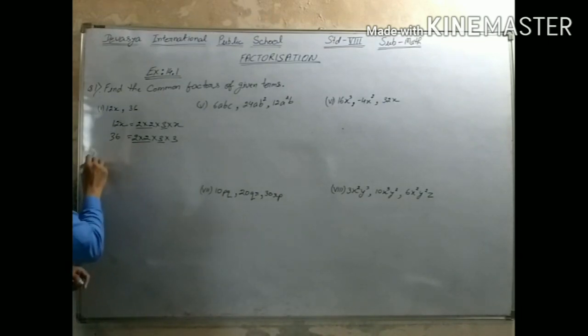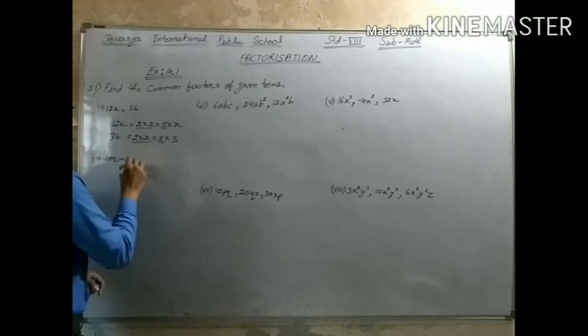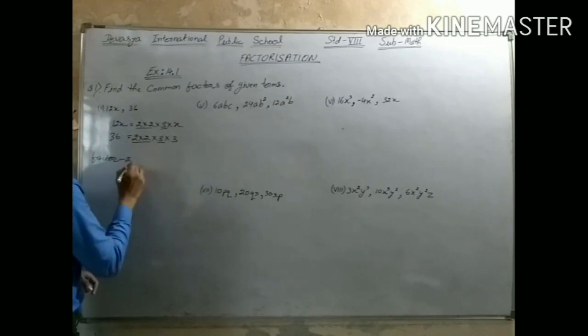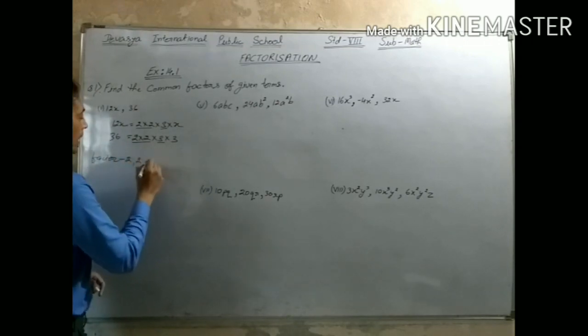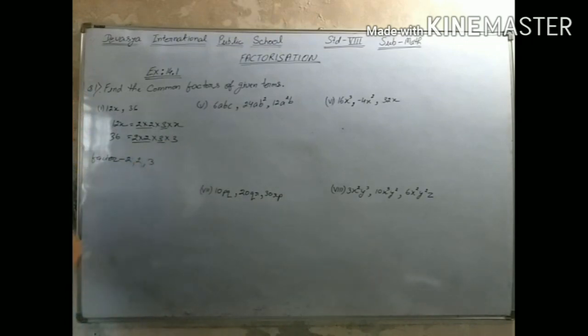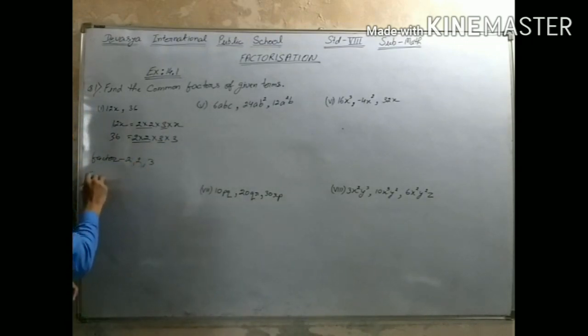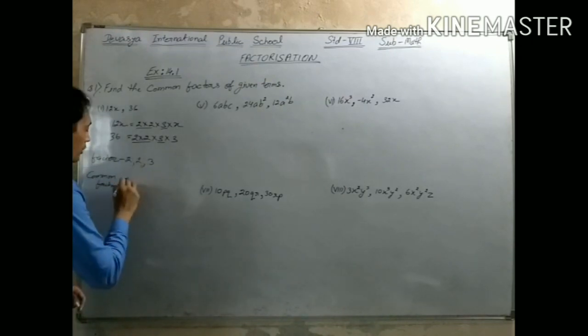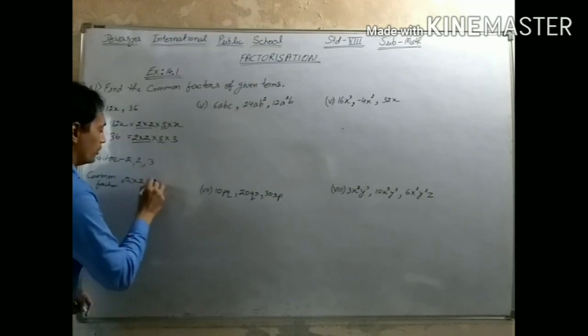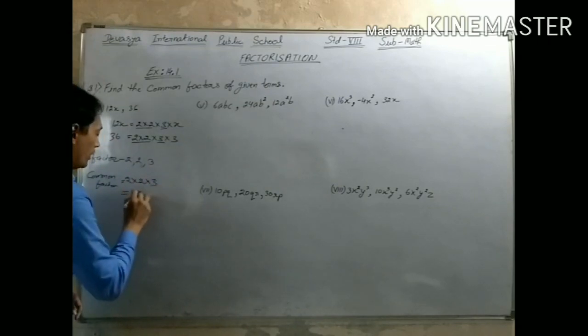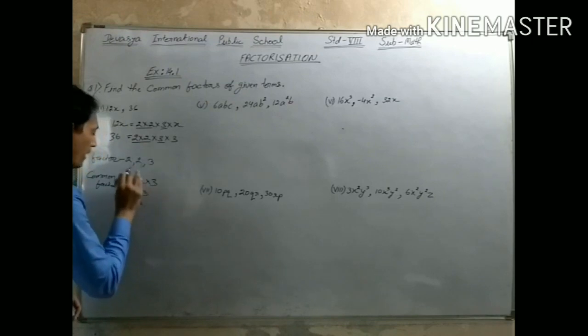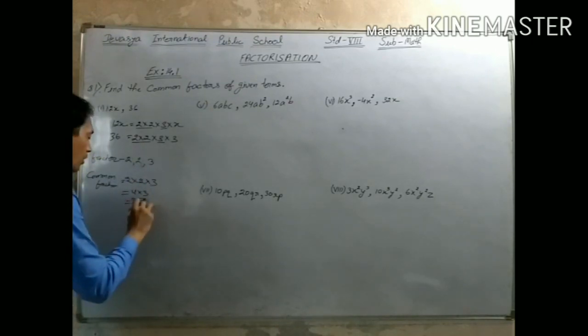So the factors are 2, 2 and 3. Fine. And the common factor is 2 into 2 into 3, that is equal to 4 into 3, and that is 12, right? So this is the common factor.